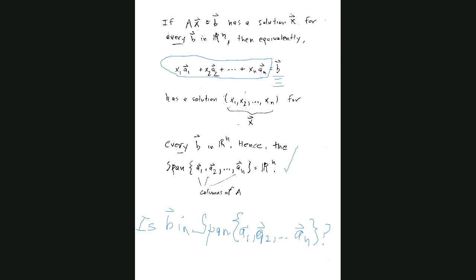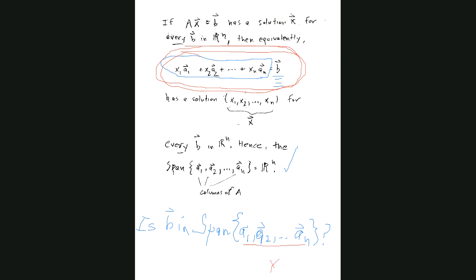Based on this vector equation here, and the fact that there's always a set of weights, x1 to xn, such that the linear combination of the column vectors of A equals the vector B, can we say B is in the span of these column vectors of A? Yes.